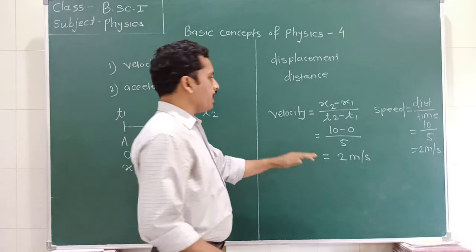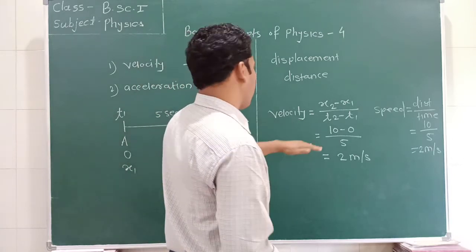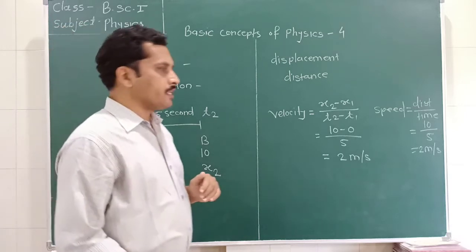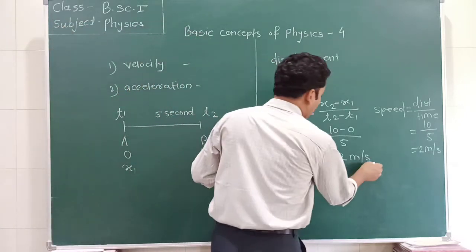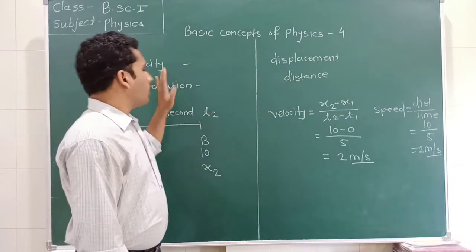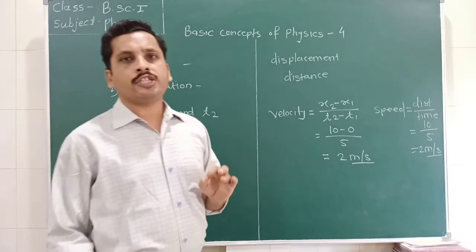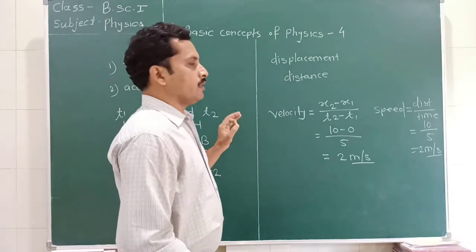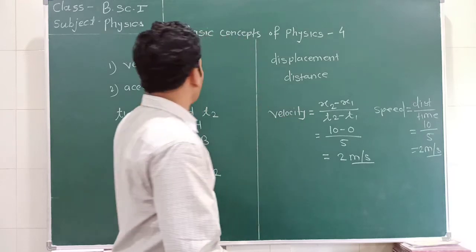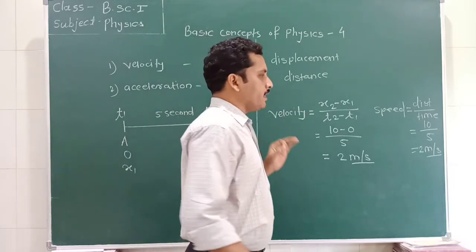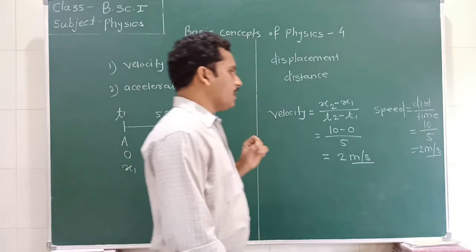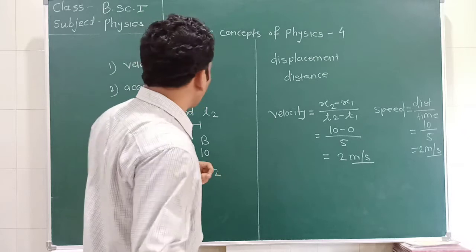Speed is a scalar quantity and velocity is a vector quantity. What is the unit of velocity? The unit of velocity is meter per second in the SI system, and in the CGS system it is centimeter per second.